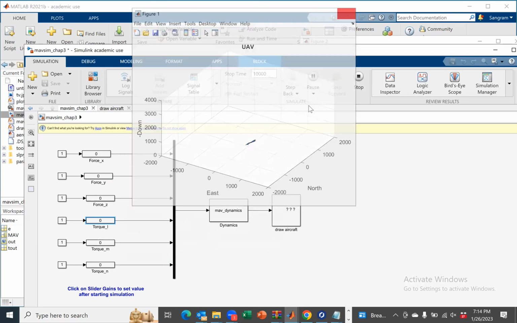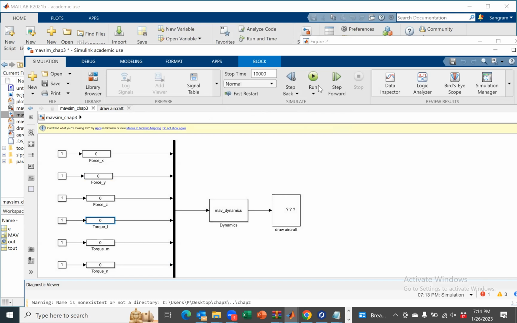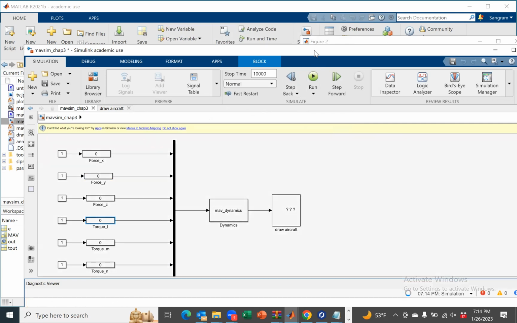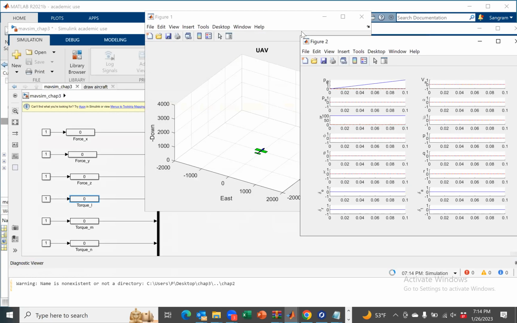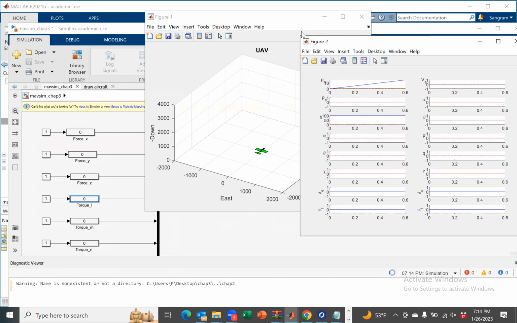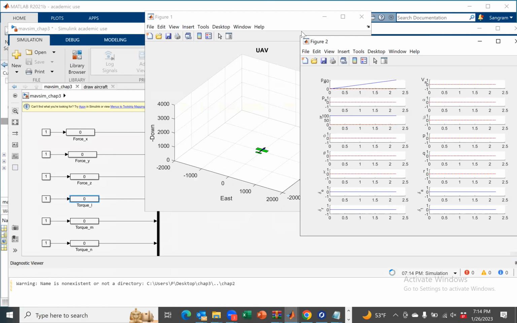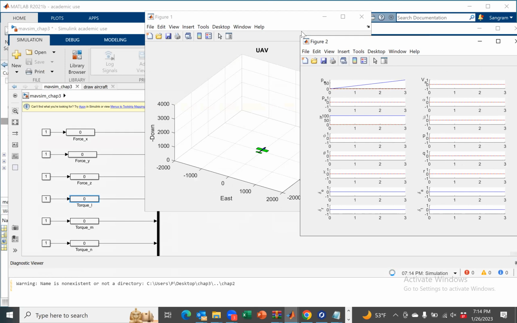Let me stop this and then run. Everything is 0, run. And you will see the aircraft is in static equilibrium. What you are seeing there is P, Pn, Pd, Pe, Ph. You are looking at the roll pitch yaw, and then you are looking at PQR. So you can see the aircraft is kind of flying in a level flight.